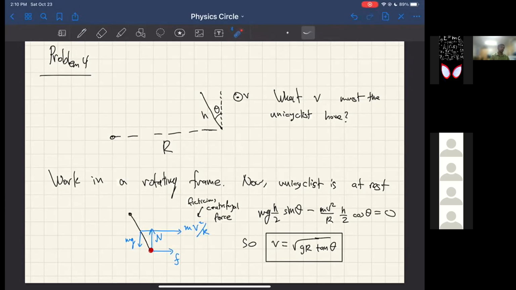That's why I realized that this problem is not the best, because this problem really is about fictitious forces. Any logic you do in the inertial frame is either very complicated or basically wrong, because it's very hard to talk about torques on an object where the point is accelerating.